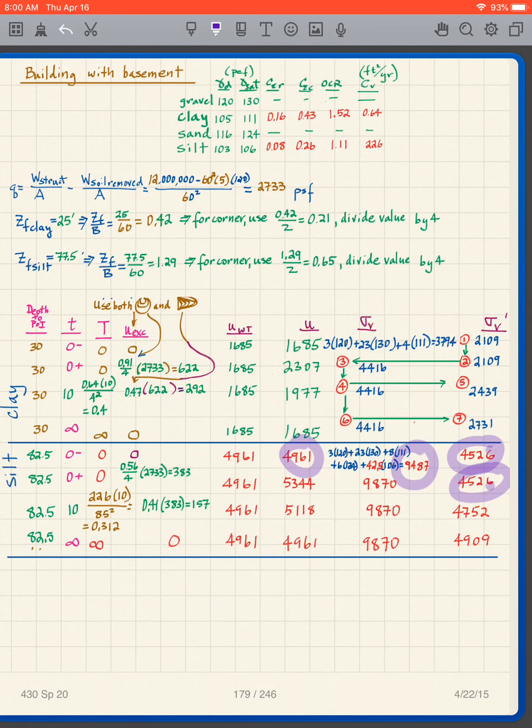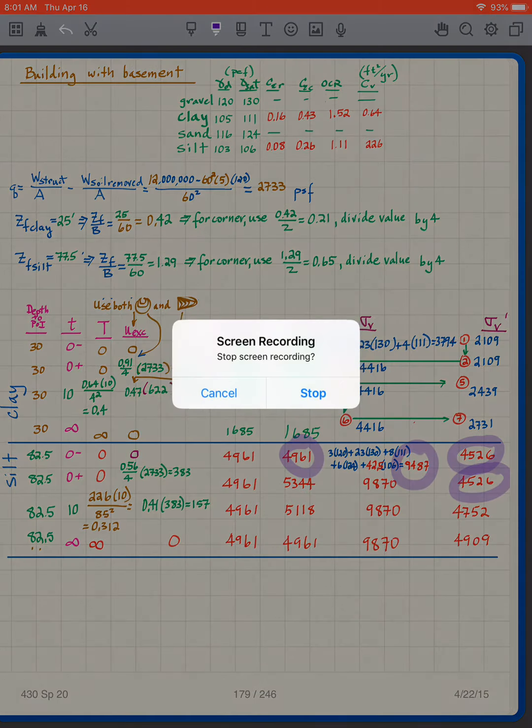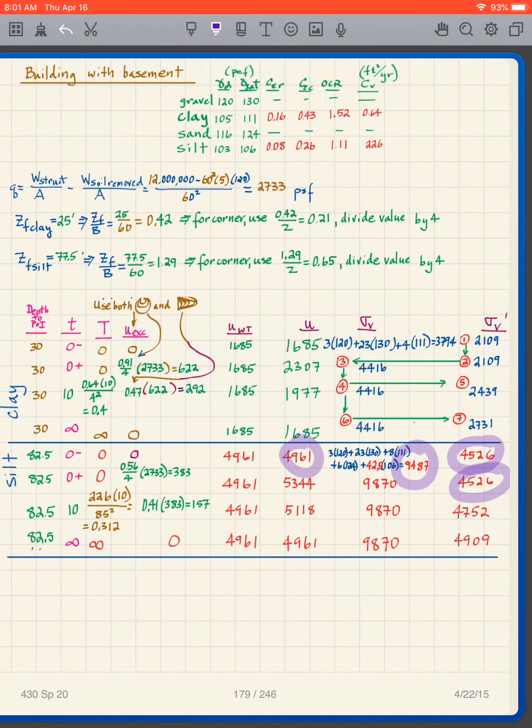Then I add the 4526 plus the 5344 gives me 9870, and 9870, 9870, and then once I have those 9870s minus those gives me those.